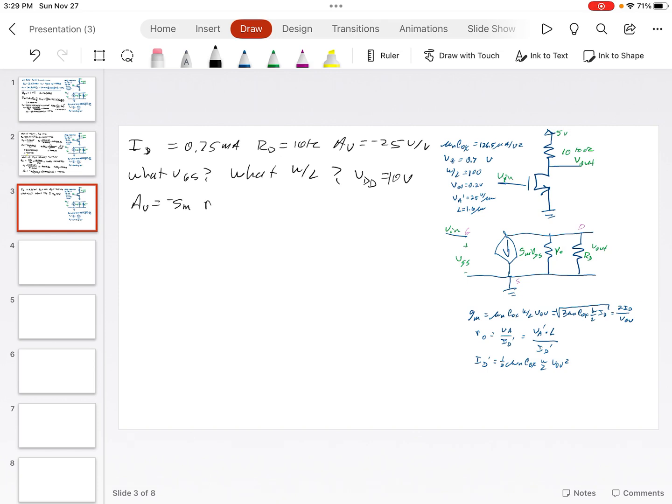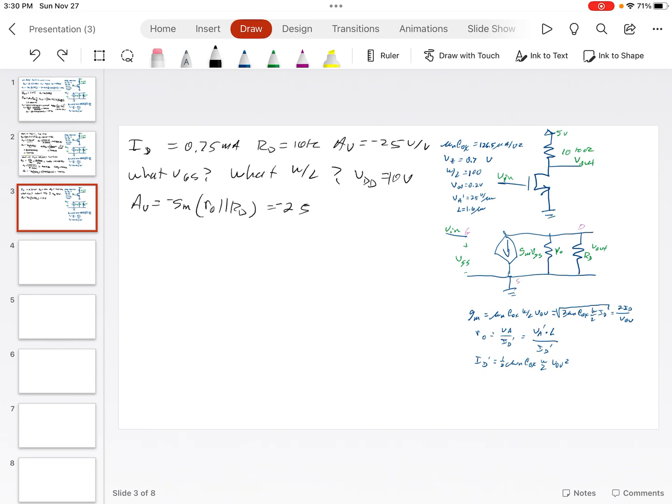We can say that AV is minus GM R naught parallel with RD. And this is equal to minus 25, because that's the problem statement I just said. I said I want 25 volts per volt gain.